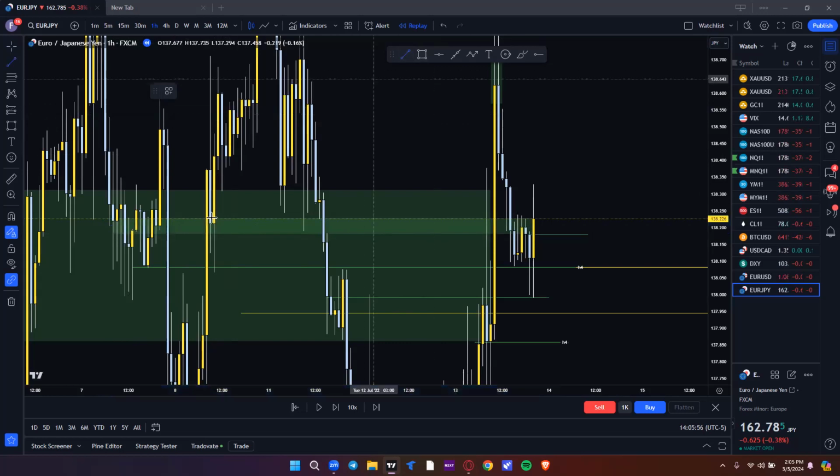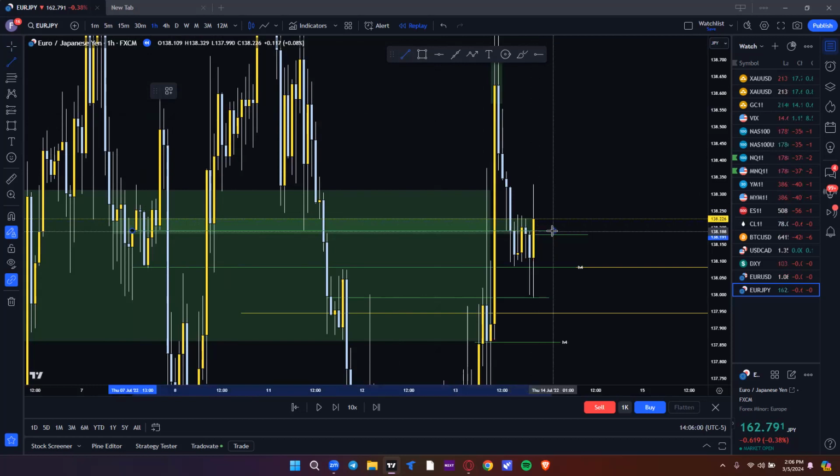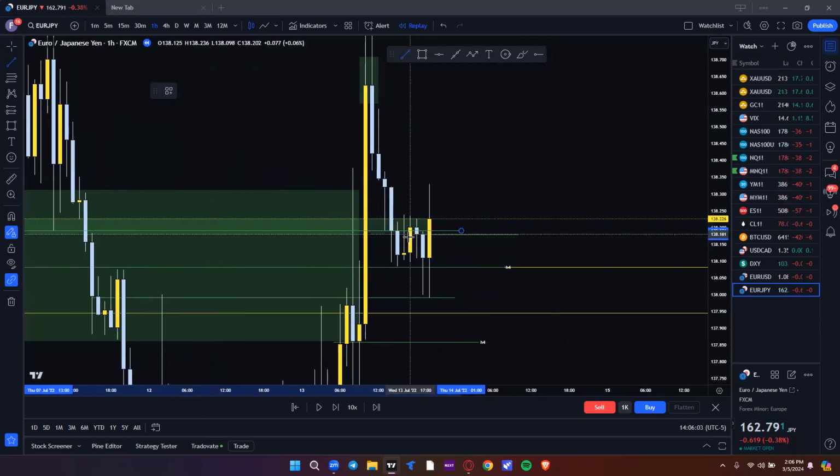Yes, you can use this level here, but it's really not necessary because you're closing above SNR anyways. So you can just pull it to the left and consider it.